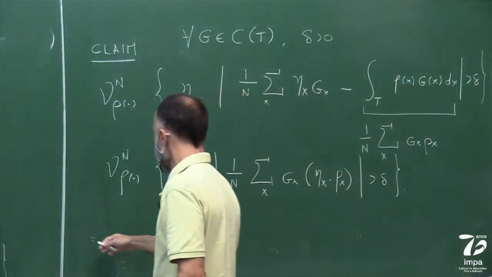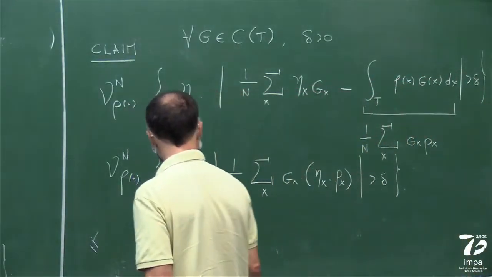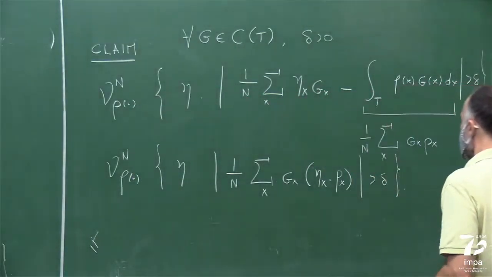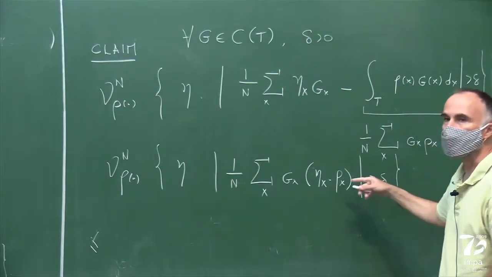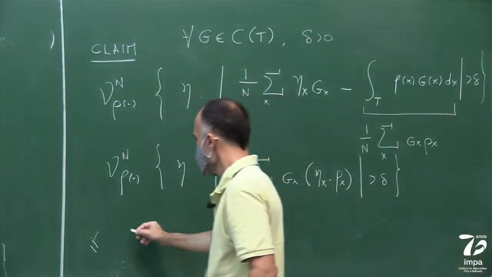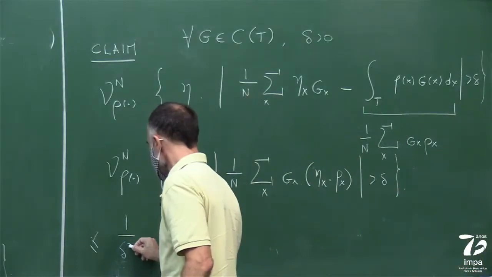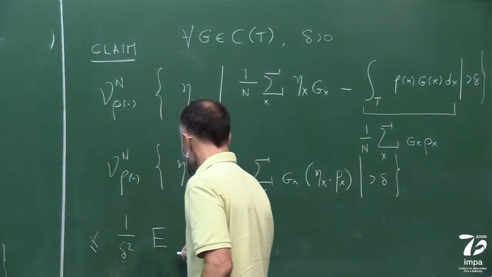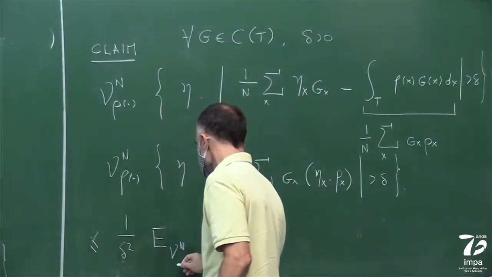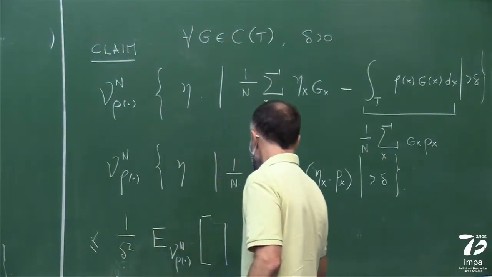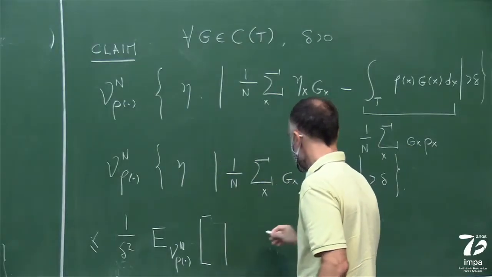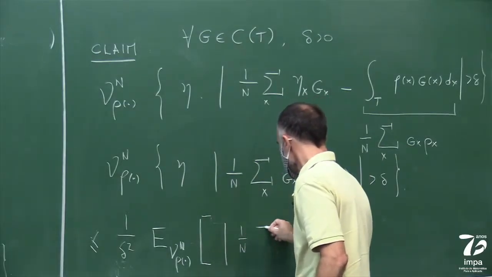So let me use the Chebyshev inequality, saying that this is bounded by 1 over δ square, the expectation with respect to ν_n^ρ of the square of this expression.